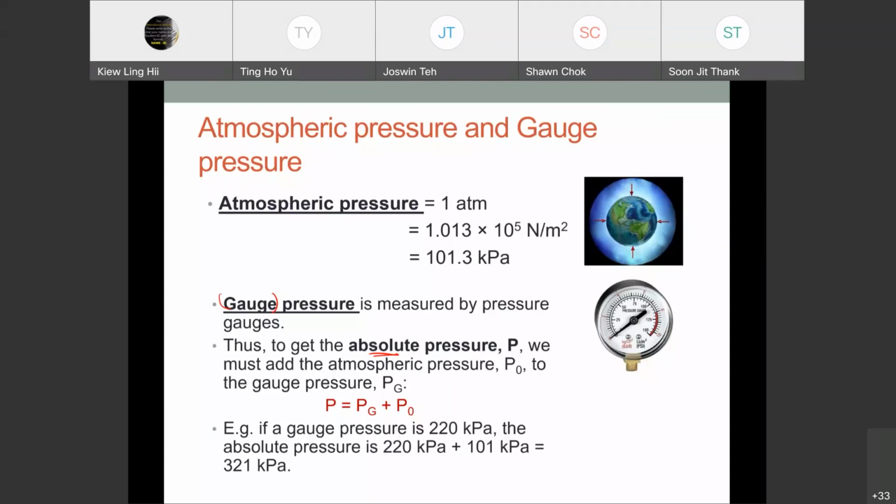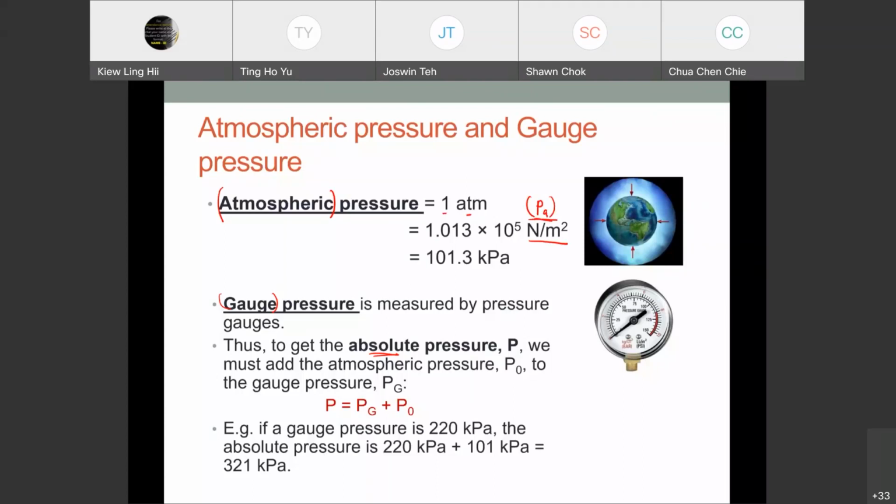Atmospheric pressure is the pressure that is on the earth. On the earth we have this atmospheric pressure, and it equals 1 atm. 1 atm is also equal to 1.01 or 1.013 times 10 to the power of 5 Newton per meter square. This Newton per meter square is also equal to Pascal.